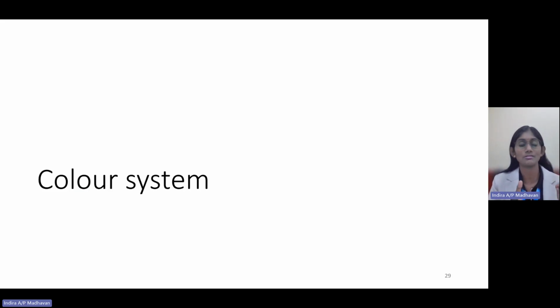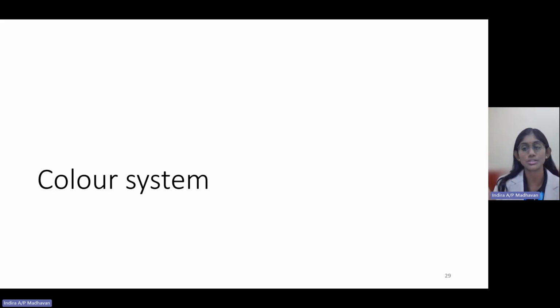Once the theory was accepted, the researchers back then started building a proper color system. Many people attempted to come out with a better idea on how we can identify, classify, and reproduce colors with the system that they had.